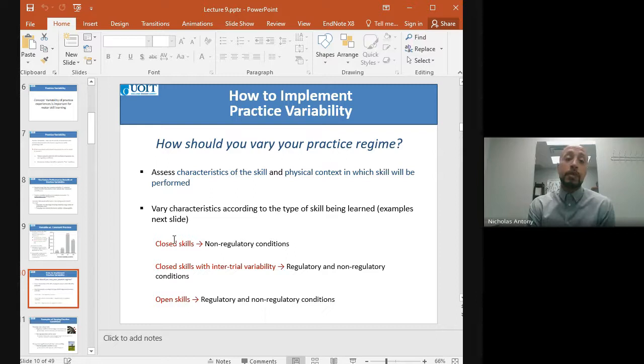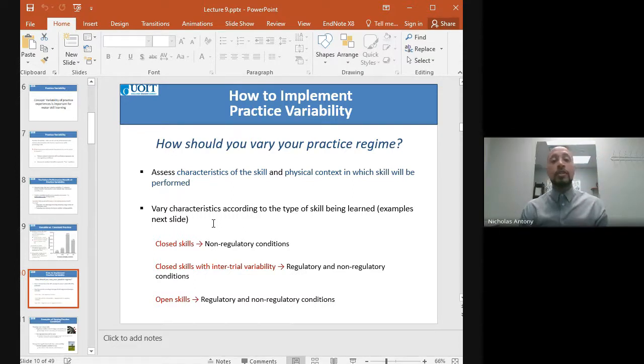So generally speaking, for closed skills, you want to alter non-regulatory conditions. Now, the reason why they made up this rule, so remember in the previous study, they were non-skilled learners trying to learn how to do a basketball shot. So introducing practice variability gave them the ability to figure out how to shoot.